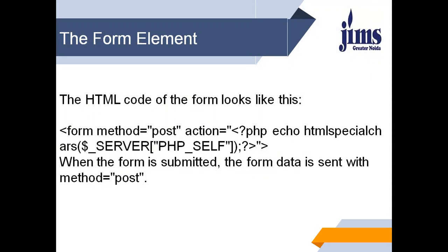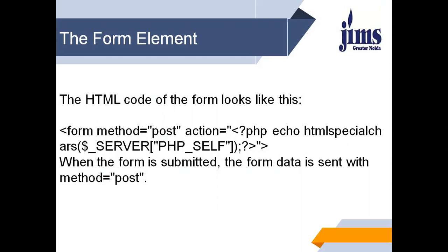So HTML code of the form looks like: form method post, action PHP echo htmlspecialchars $_SERVER PHP_SELF. So when the form is submitted, form data is sent with the method post.